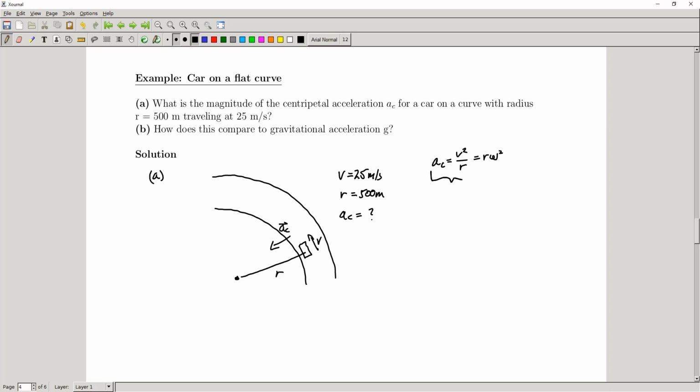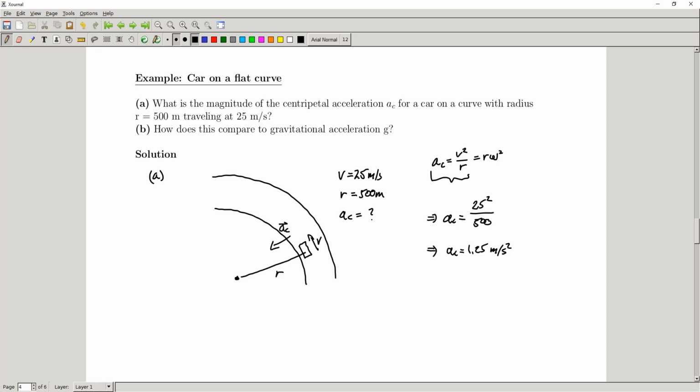Well, we have both our tangential velocity and the radius, and so a_c is going to be equal to 25 squared over 500, and I have those numbers pre-calculated here. That is going to give us a_c equal to 1.25 meters per second squared, right?